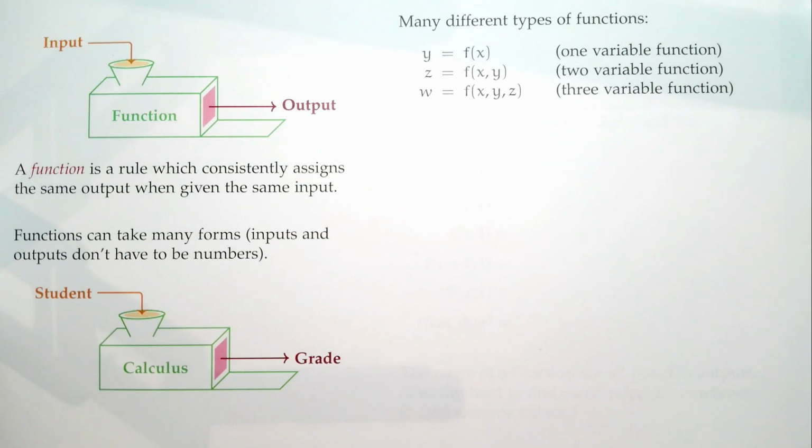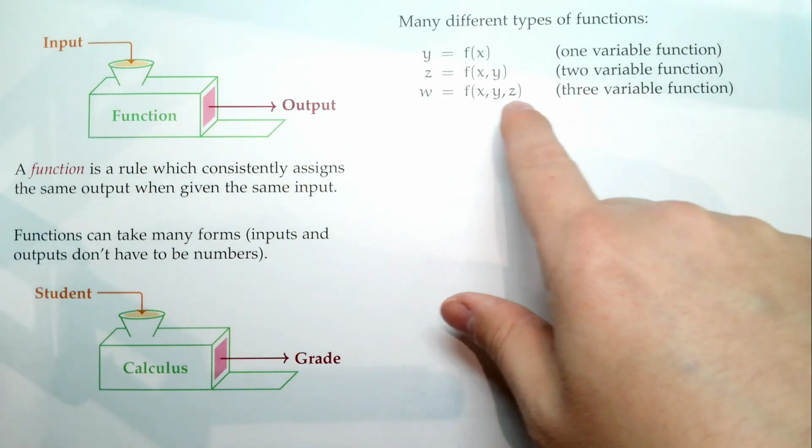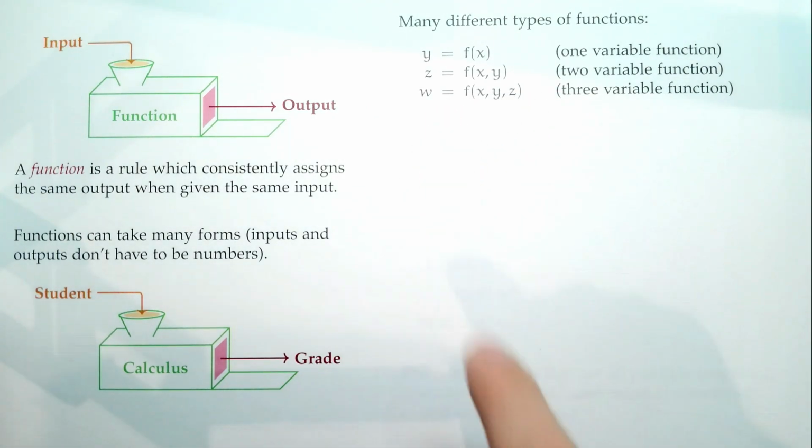So today we're going to get mostly into the second one, which is z as a function of x and y. So now I have 2 variables that affect my output. And what's the next step? Well, 3 variables. So x, y, and z. And then my output, well, of course, we go up the alphabet, x, y, z, and the next letter is w.